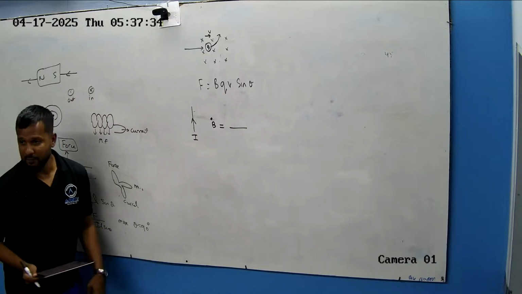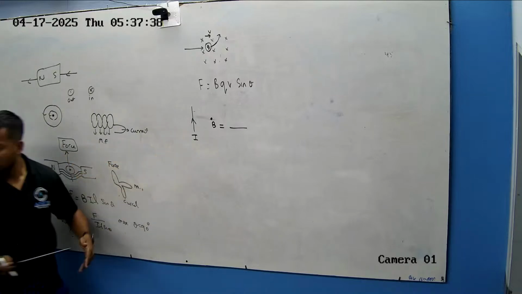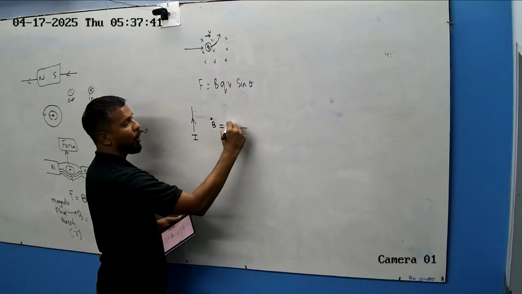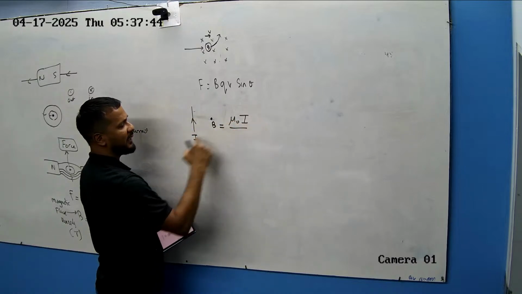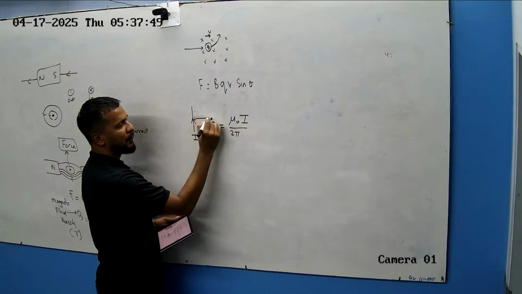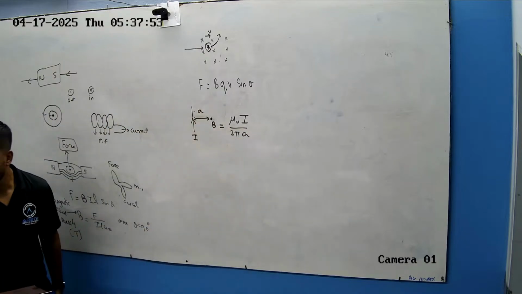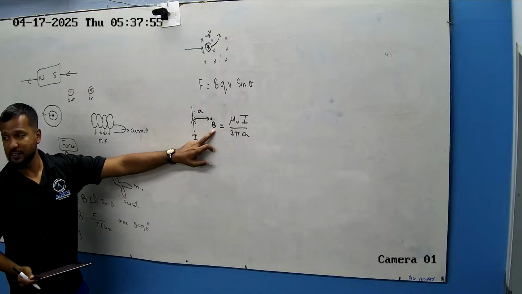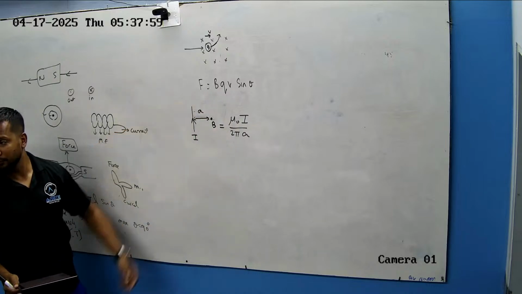What's the formula? It'll be mu naught, the permeability of the substance here, times I, the current flowing, all over 2 pi times the perpendicular distance, let's call that a. That's to find the magnetic flux density at distance a away from a straight conductor.